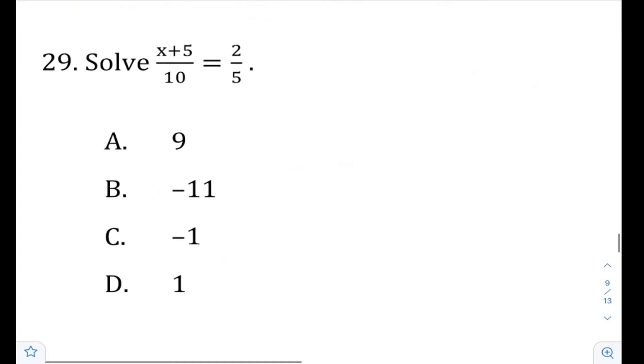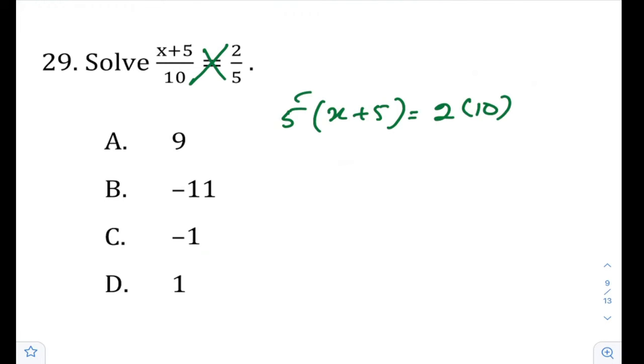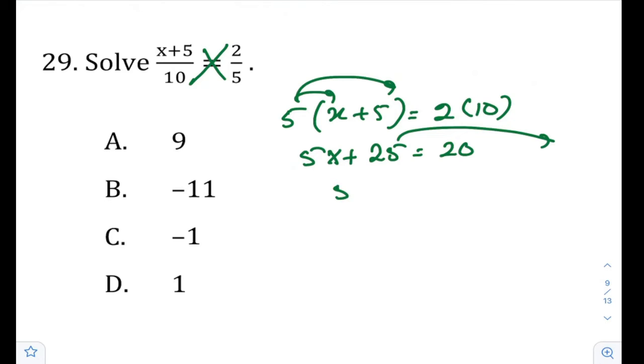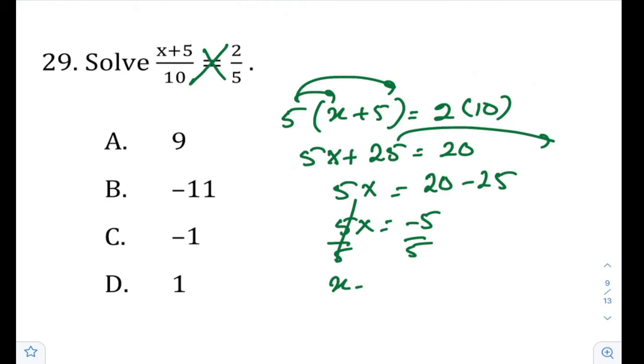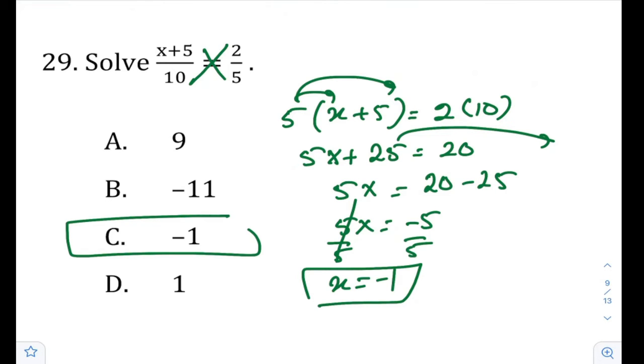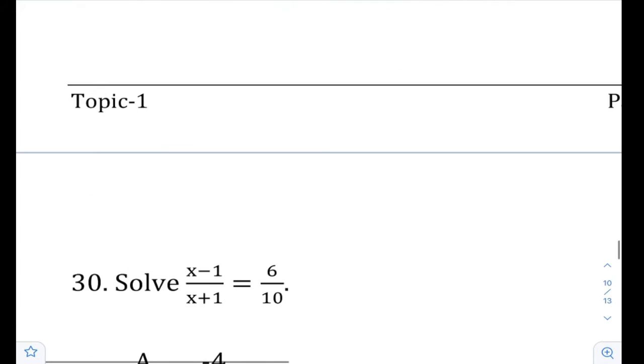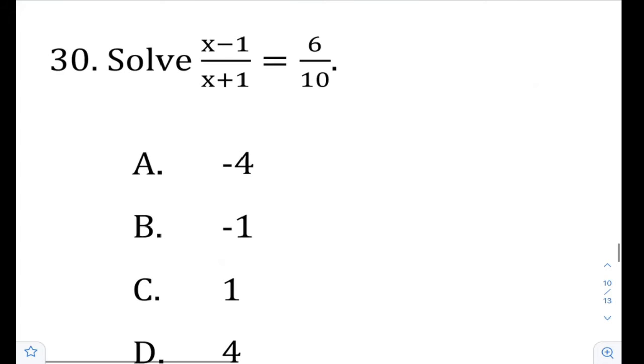Back to proportion. You have to solve and check with me. Yes, x is 9 minus 1. So see, proportion now with two expressions.